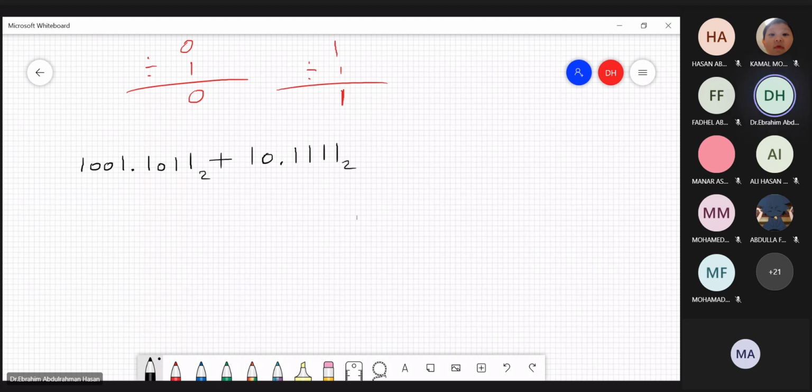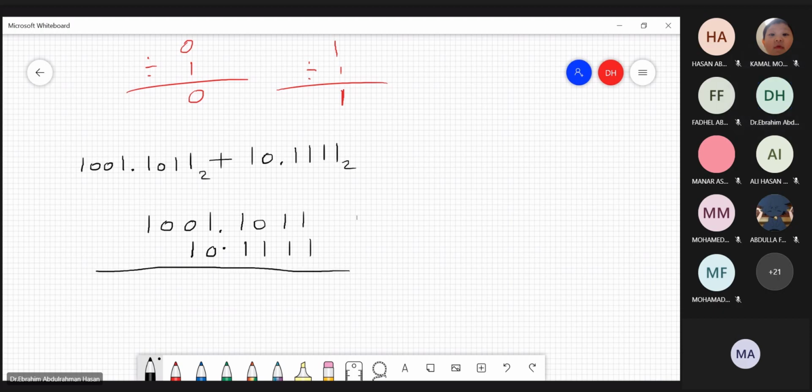Okay, without changing to decimal. So directly we want to do the operation in binary. Write it like this: 1 0 1 1, and here we have 1 1 1 1, and this is 0 1. Follow me.